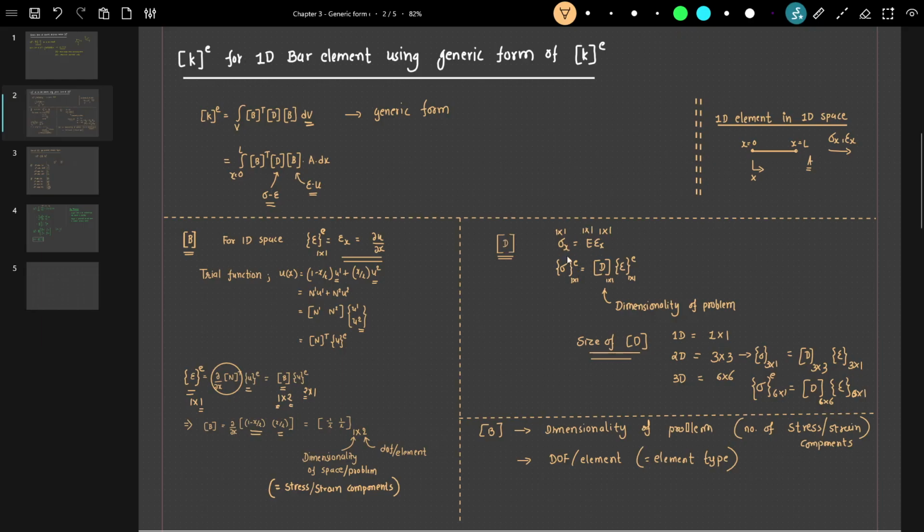So we can set sigma x as the stress vector, E is our D matrix, and this epsilon x is our strain vector. So now the size of D is simply the number of stress components. So for the 1D case, it is the dimensionality of the problem, or the number of stress components.